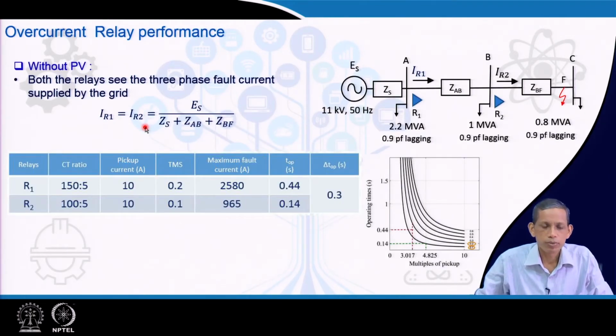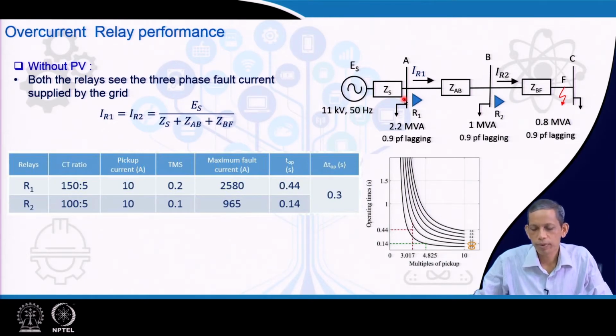Furthermore, going into the distribution system issues with renewable resources, we will see how the existing overcurrent relay will perform in the presence of any DER like PV.